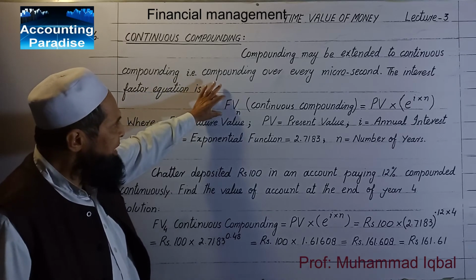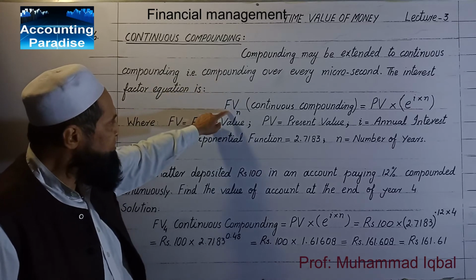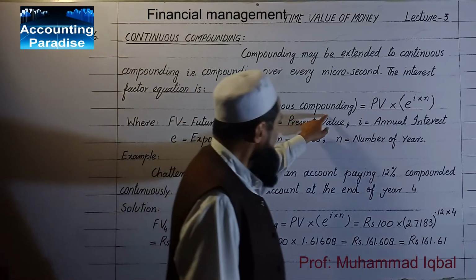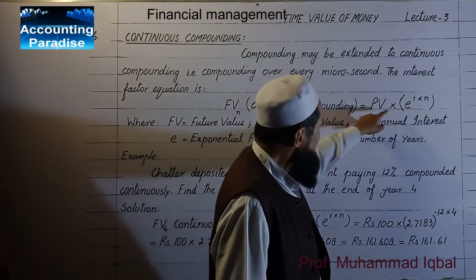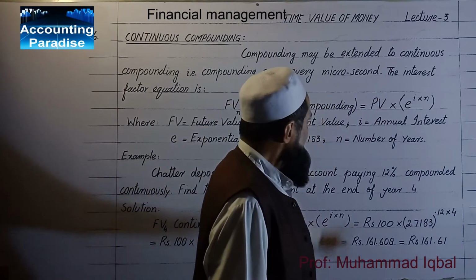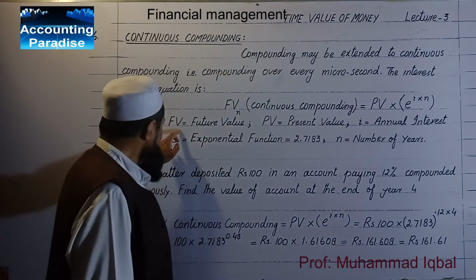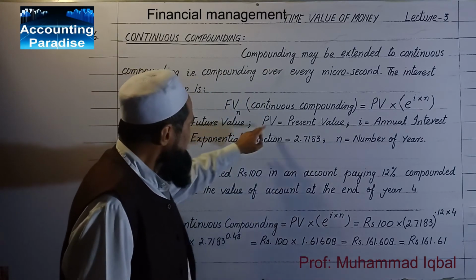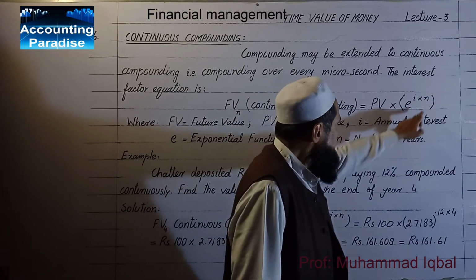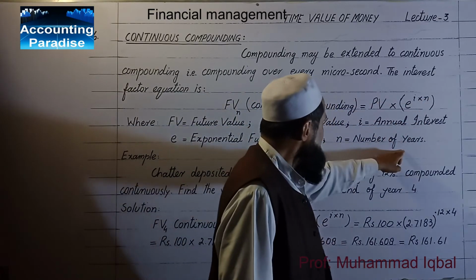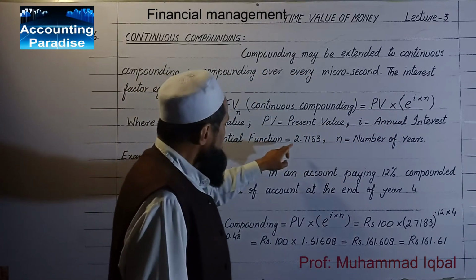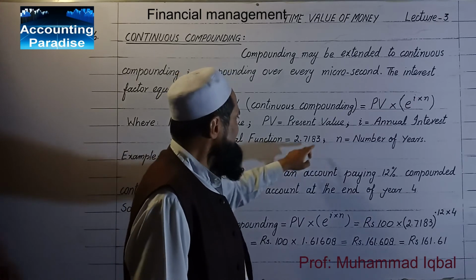This equation is developed by the mathematicians. Future value at n years, continuous compounding, is equal to present value into e raised to the power I into n, where FV means future value, PV means present value, I is the annual interest, n is the number of years, and e is the exponential function whose value is 2.7183.